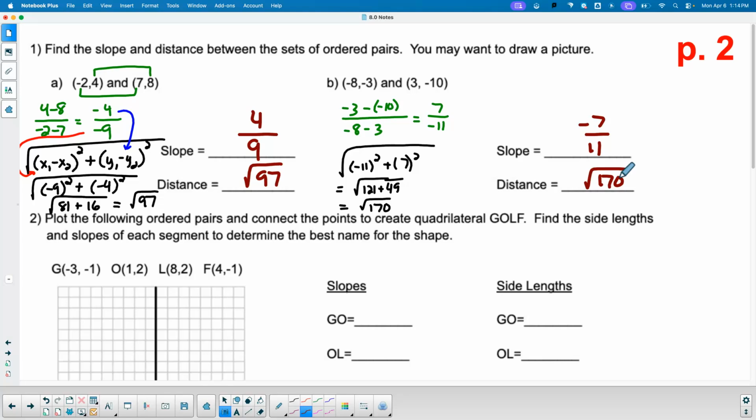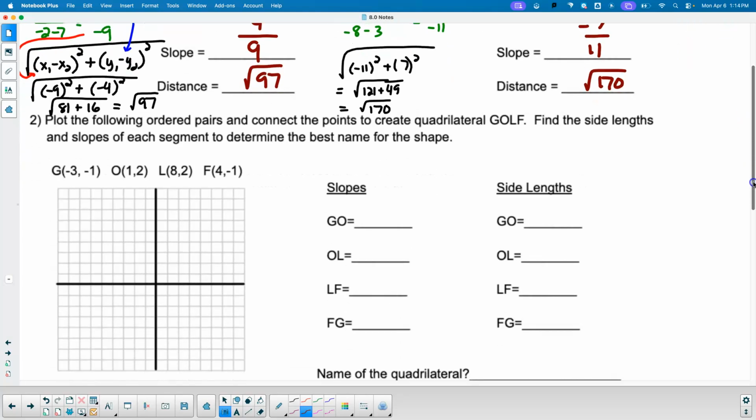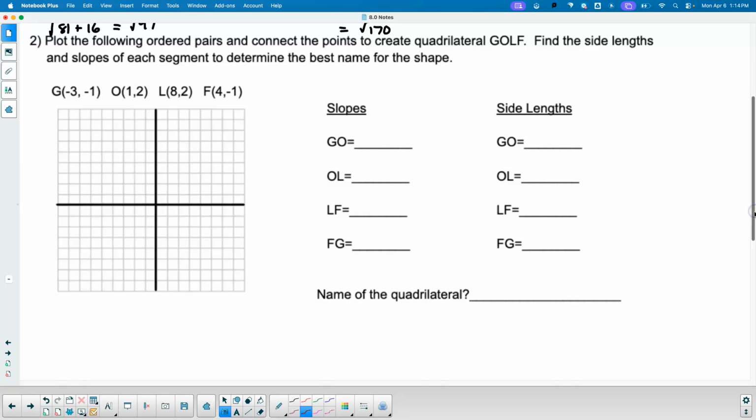Number 2 says, plot the following ordered pairs and connect the points to create quadrilateral GOLF. So plot those points right now, and you have to label them because you want to create the quadrilateral GOLF. Go for it.